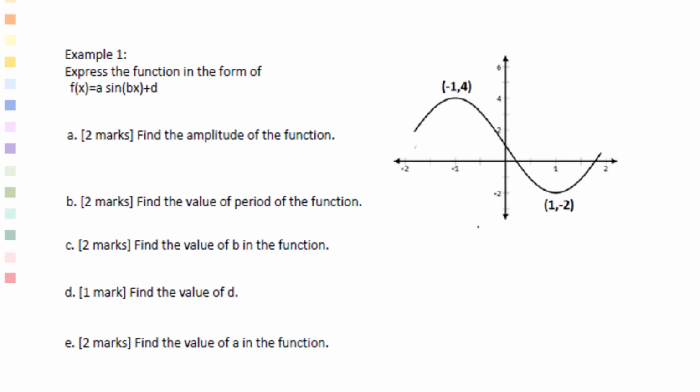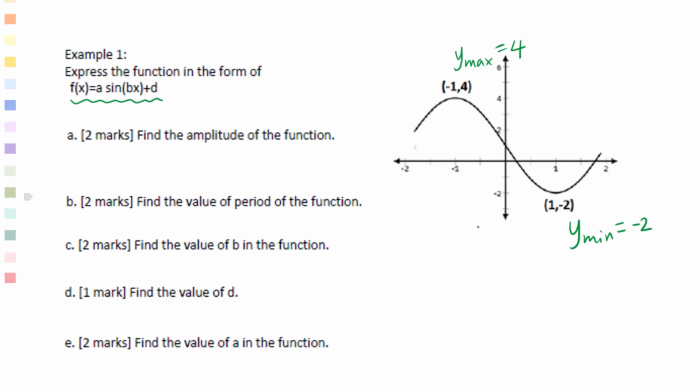Let's go to example 1. We are given a graph. We want to express this graph in the form of A sine bx plus d. A, find the amplitude of the function. We are given y maximum equals 4, y minimum that equals -2.